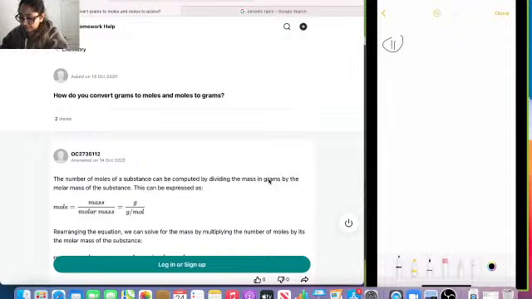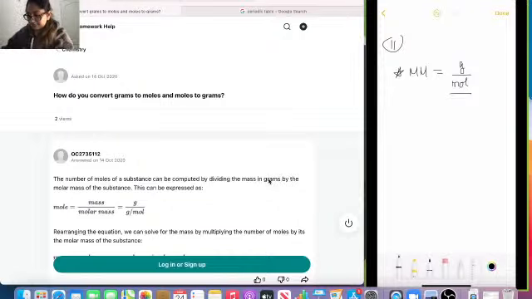So what I mean by this is, to find the number of moles, I'll just write a side note. If you recall, our molar mass unit is grams per mole, and we're trying to find moles here.